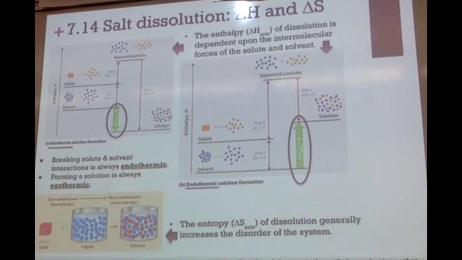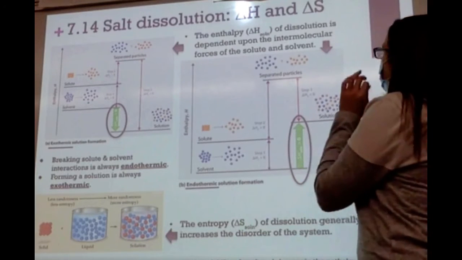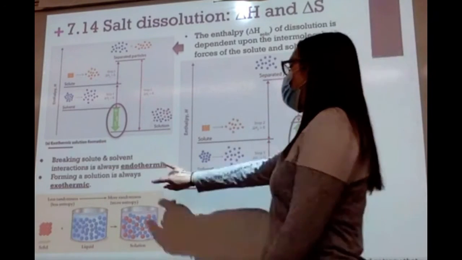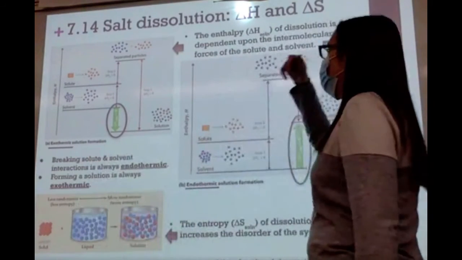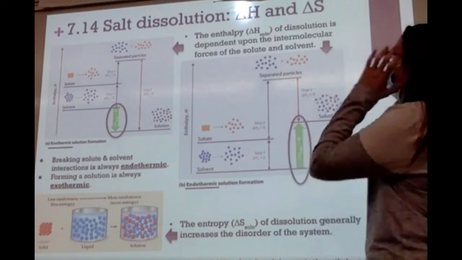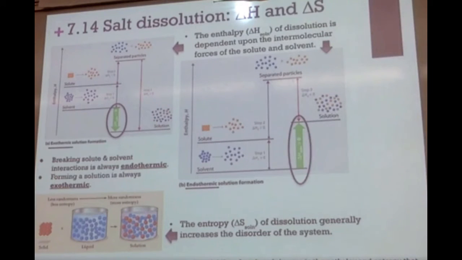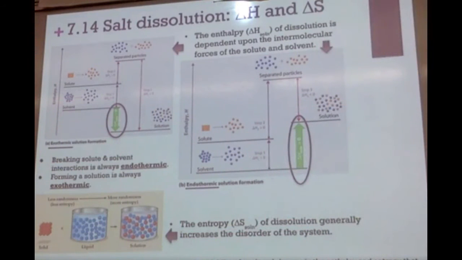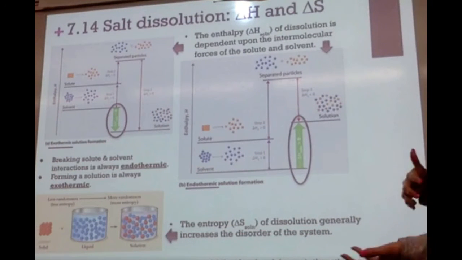Now, this came from Unit 7. I'm just going to talk very quickly on this. The biggest thing is actually these 2 bullet points right here. This ties more into breaking and forming bonds. But topic 14 of Unit 7 talks about what happens when you dissolve a salt in water. So what happens to enthalpy, what happens to entropy, and what does that mean about free energy.